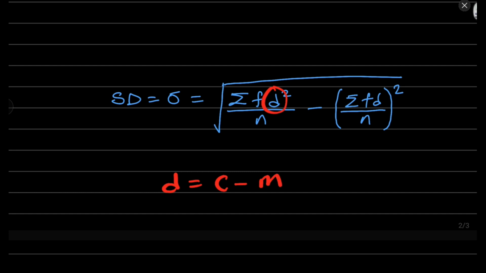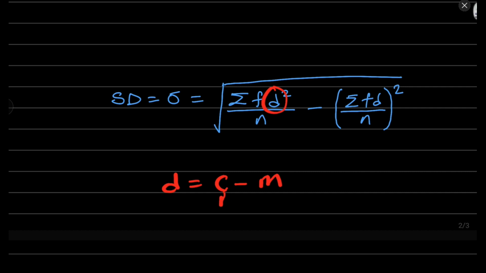I'll be referring back to the video on arithmetic mean of grouped frequency distribution, where I discussed quite extensively what D is, what C is, what the assumed mean is, how to get your assumed mean, and how to compute your D. So you will need to go back to that video.